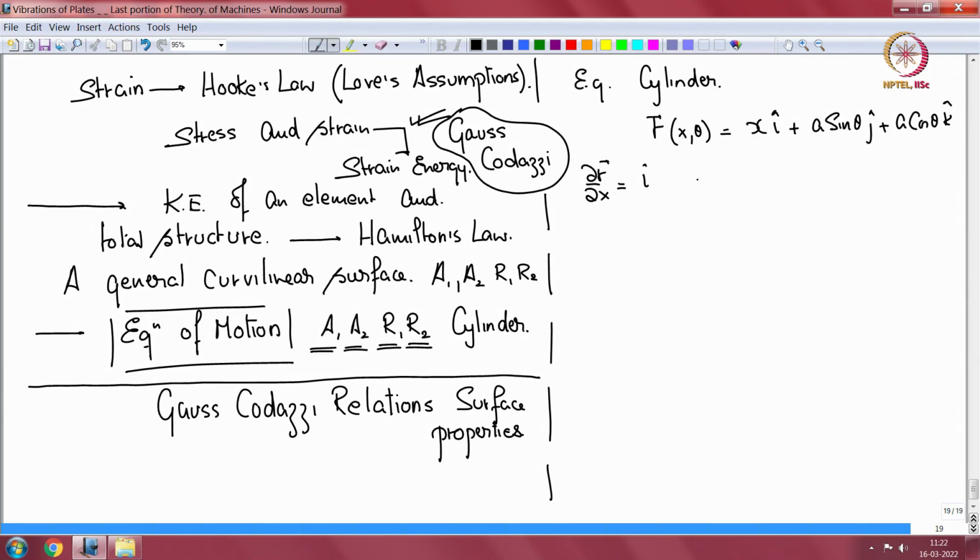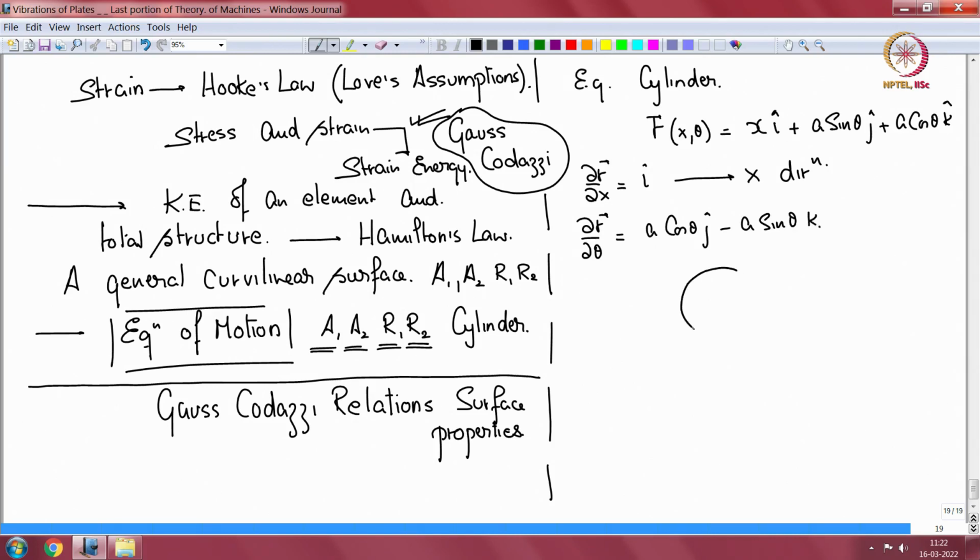So del r by del x is in the x direction, that is important, that is what I want to point out, okay, and del r by del theta is equal to a cos theta j minus a sin theta k.